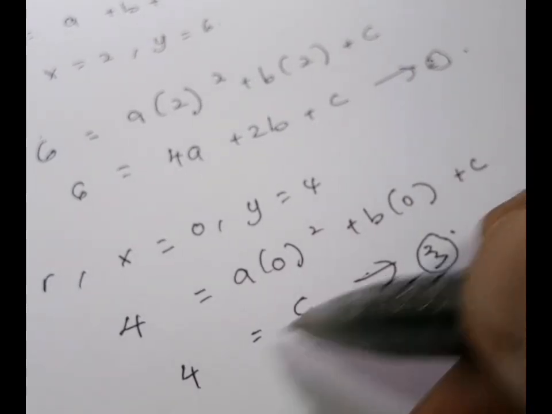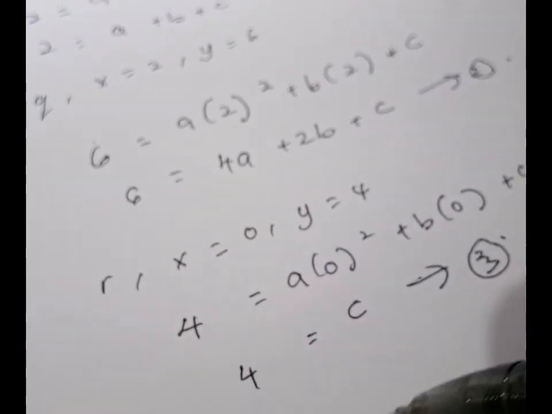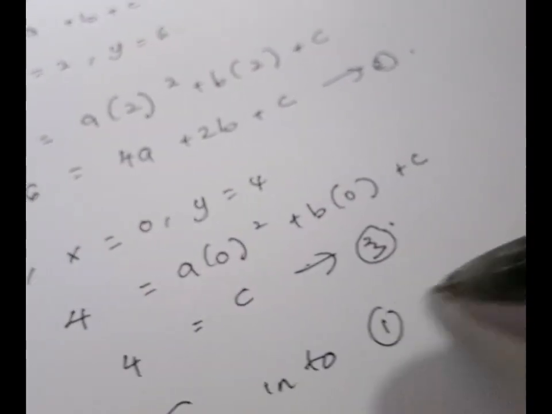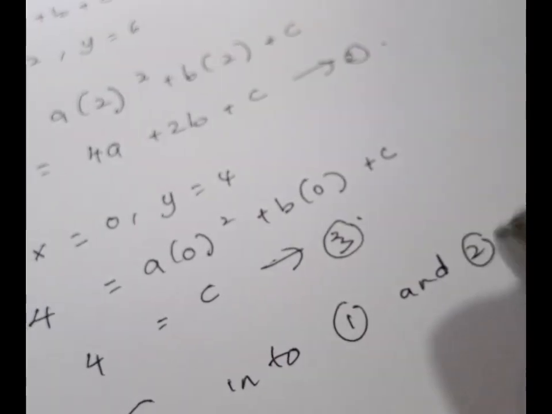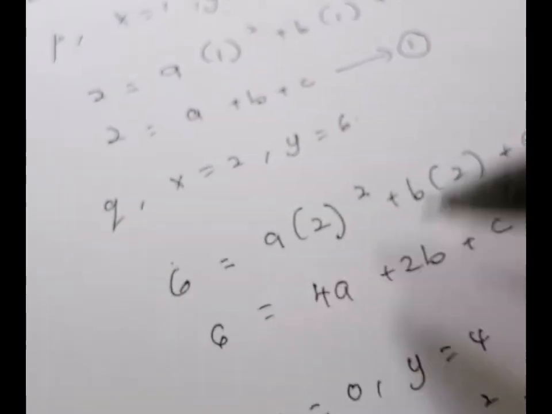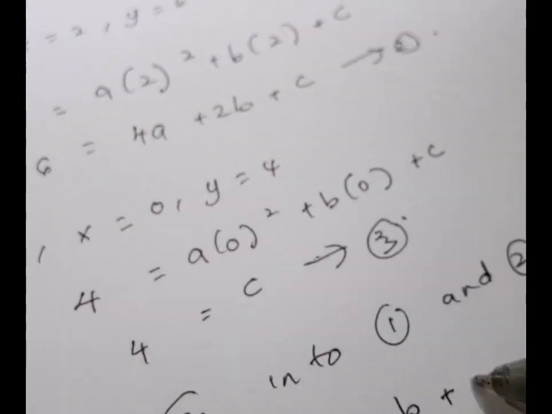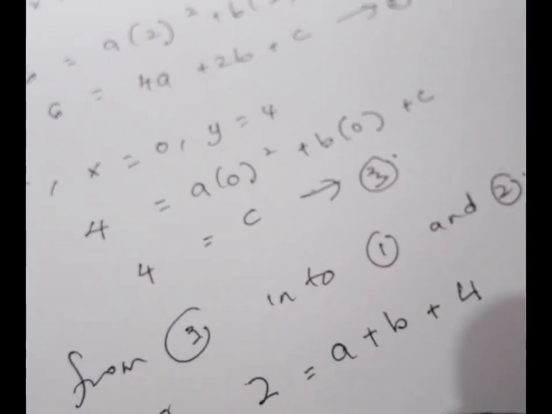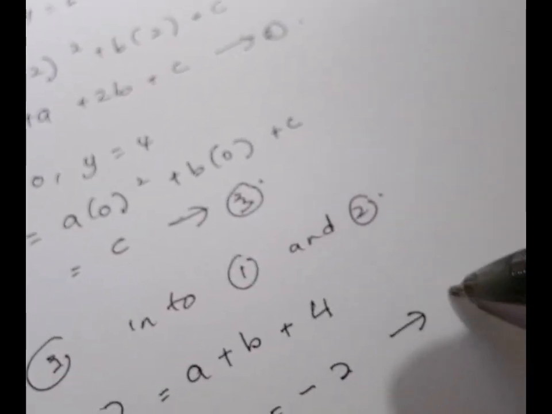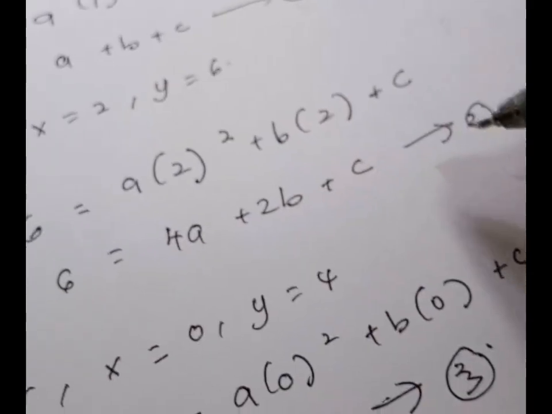Okay, now from equation 3 we have c equal to 4, so we substitute into equation 1 and equation 2. From 1, we have 2 equals a plus b plus 4. So we have a plus b equals minus 2. This is equation 4.